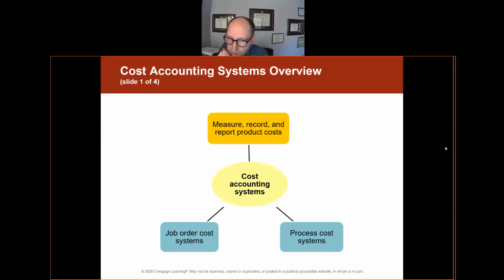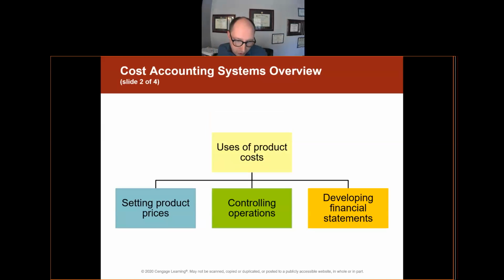Those types of companies continuously process their products. That's the process cost system. Don't worry, we'll talk more about the two. Uses of product costs: product costs help us to set prices, control operations, and develop financial statements.